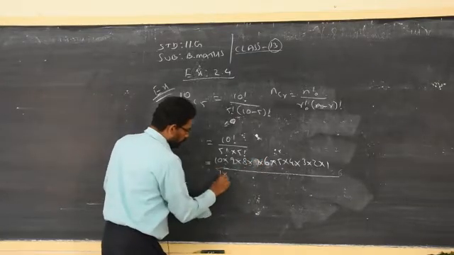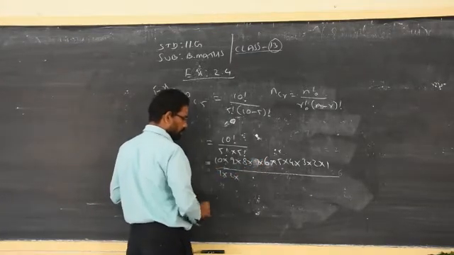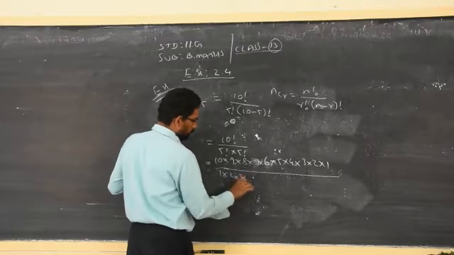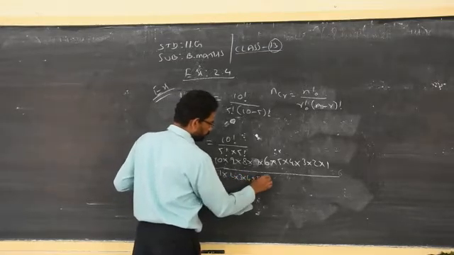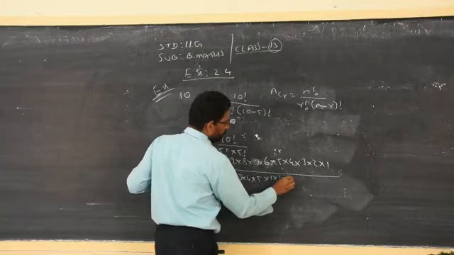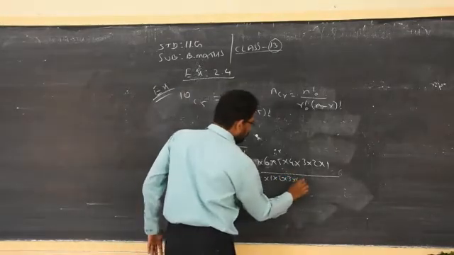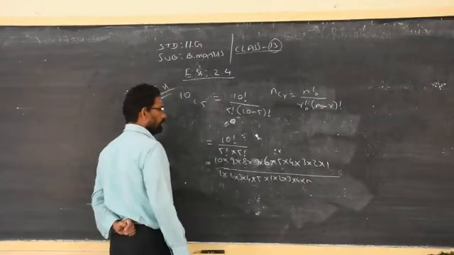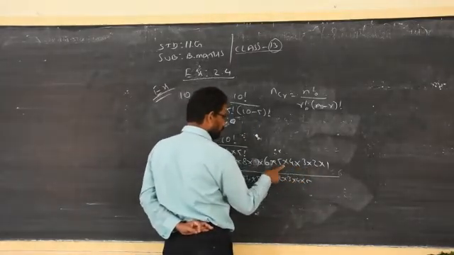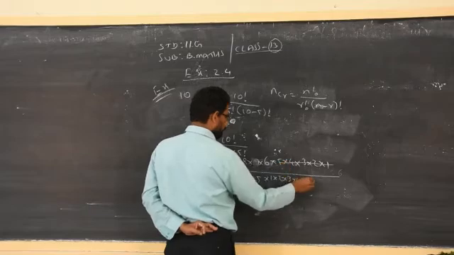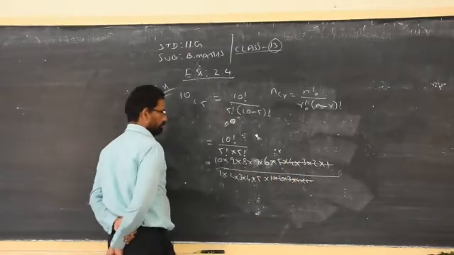5 factorial, you can write in descending or ascending, whatever order, doesn't matter. We have another 5 factorial, therefore you have to write it. Now you can simplify 1, 2, 3, 4, 5 and cancel.